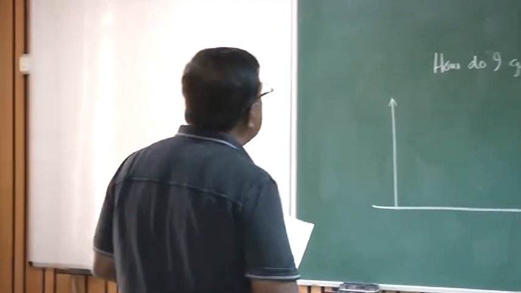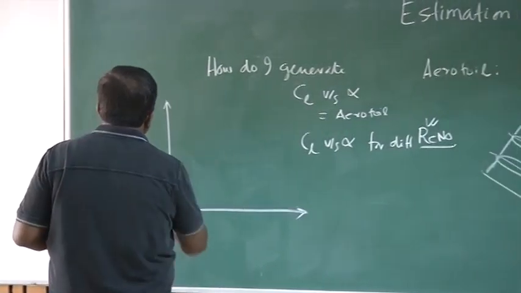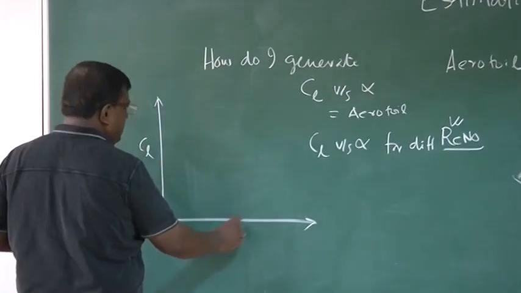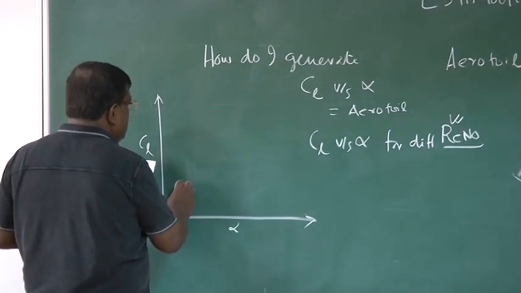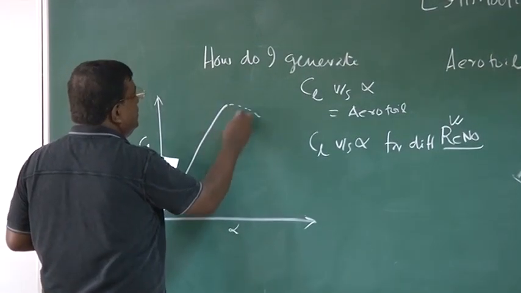But if you see this CL versus alpha graph for any aerofoil you pick up, you'll find it is given something like this.